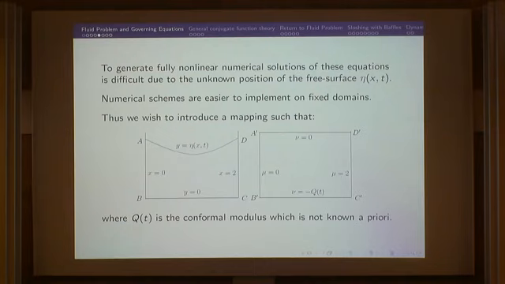The free surface gets mapped to the flat surface, nu is equal to 0, and then this bottom at y equals 0 now gets mapped to a flat bottom at nu equals q, and q is a function of time, i.e. as this free surface changes, this will get mapped to a rectangular domain, but the aspect ratio will change. The aspect ratio is a function of time. This q of t is obviously the conformal modulus, and it's not known a priori, and we have to find it as a function of time, and we find it because the free surface is not known a priori, and it varies as a function of time.